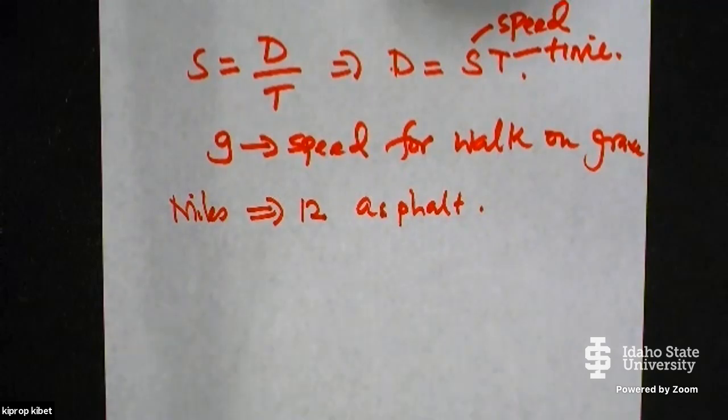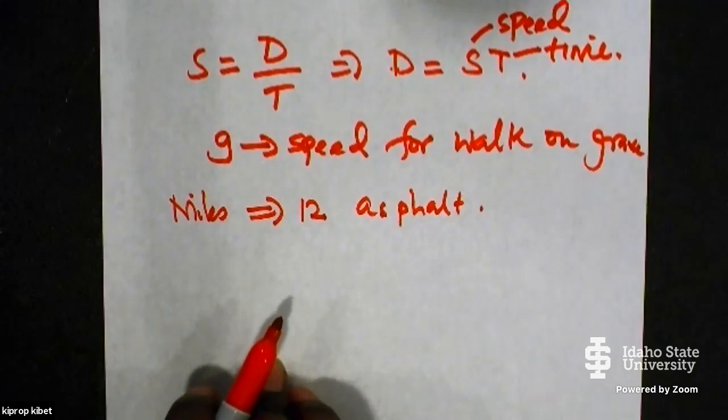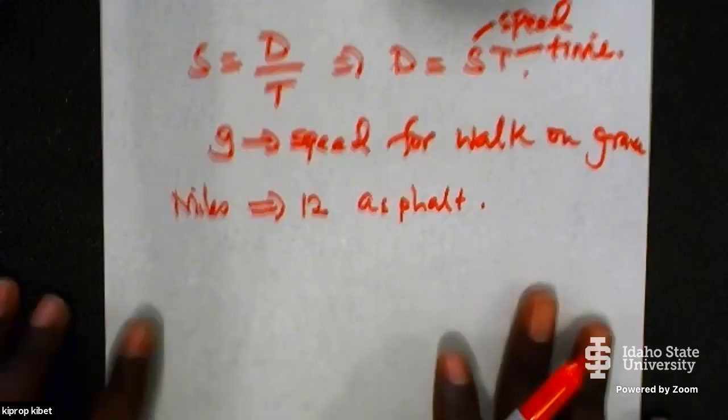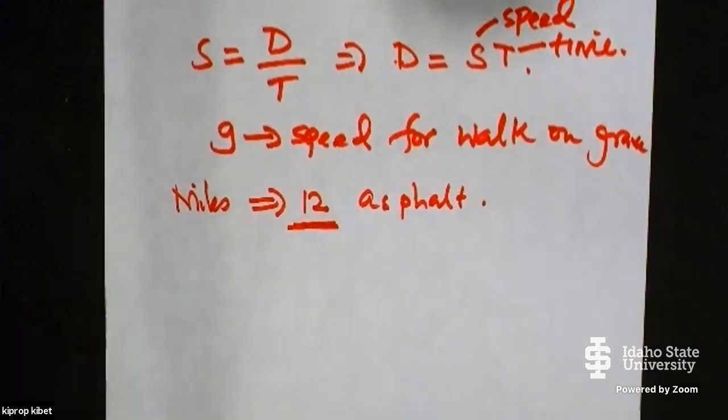So he walks back 12 miles on the gravel road through the forest. On the Alpha, he walks 2 miles per hour faster than on the gravel. So the miles are 12.